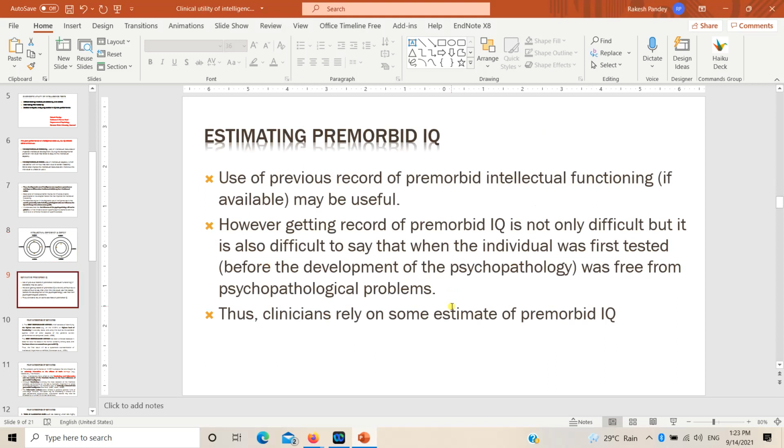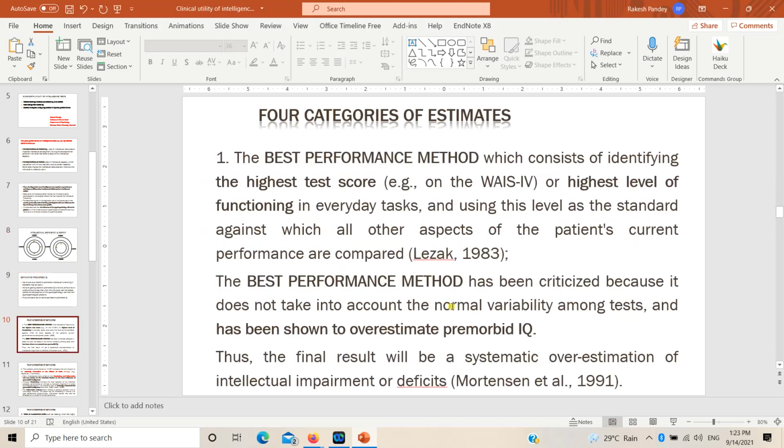So there are different techniques to do so, and I have clubbed them into 4 categories of estimates. The first one is the best performance method.